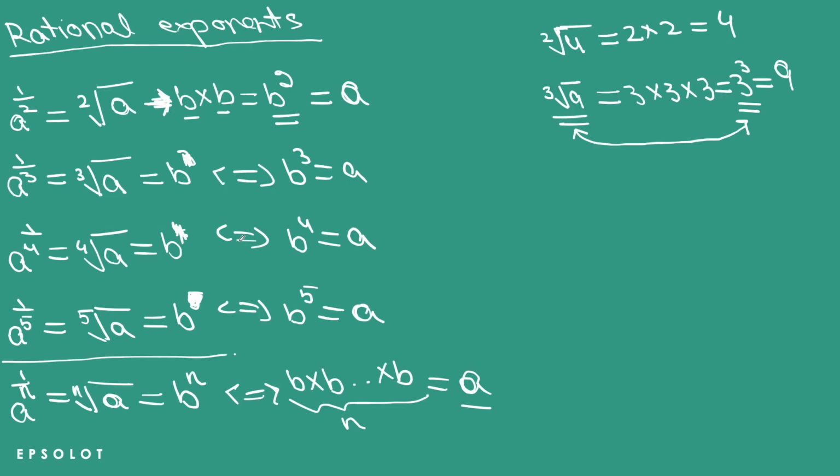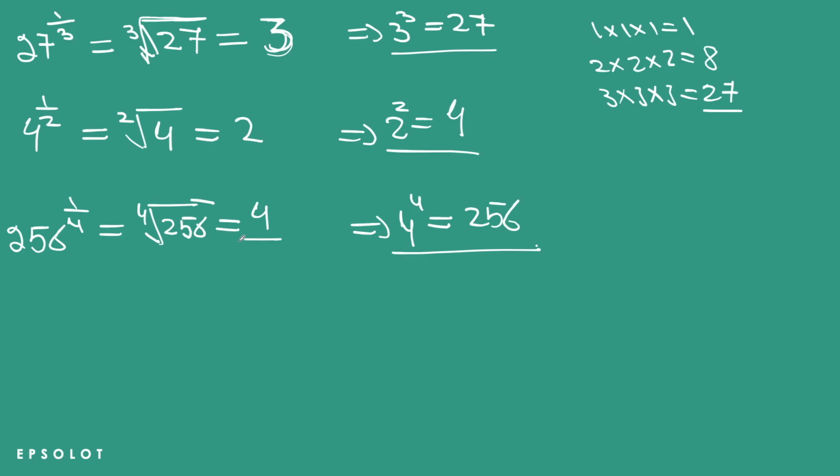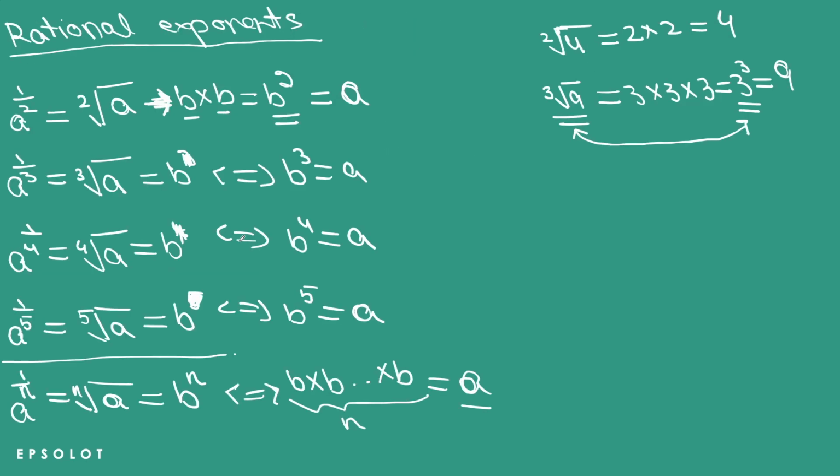So far we have only looked at 1 over a number. Instead, let's look at a fraction with numbers on both sides, for example a to the power of 2/3. What does that mean now?